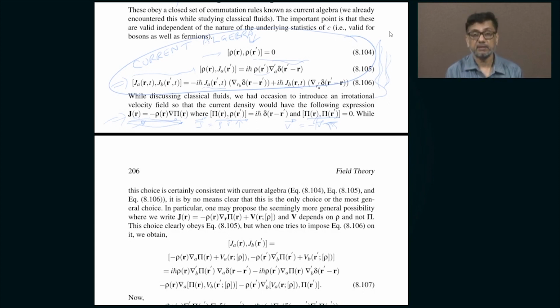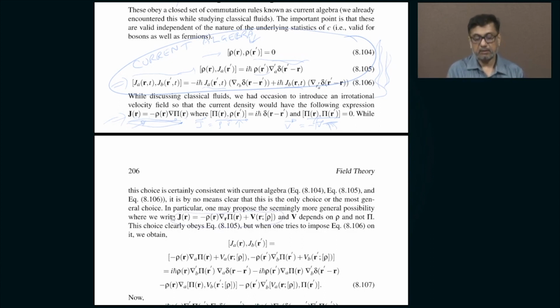So, it is not obvious, in other words. It so happens this works, but how do you know that this is the only thing that works? Maybe we are not imaginative enough, and we have not thought of something slightly more general that also could work. And the question is whether the slightly more general thing necessarily has to be of this sort.